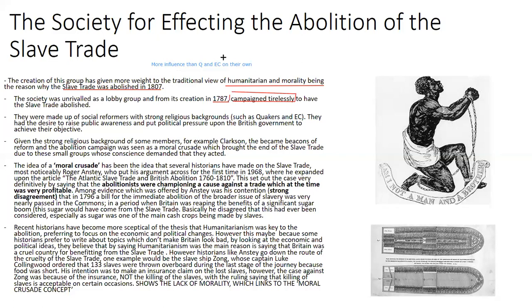Now, what needs to be understood is that in the late 1780s, Britain was benefiting hugely from the slave trade. The reason that Britain was benefiting so much from the slave trade was because of the materials that were being sold. And these materials were being made by slaves.